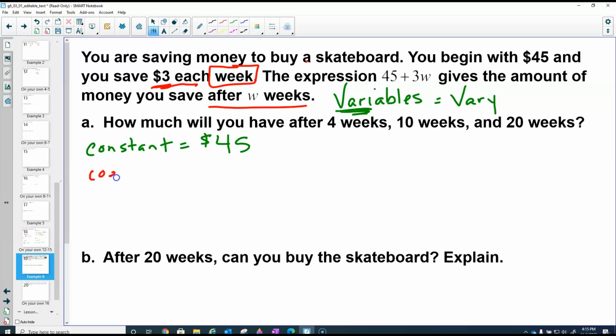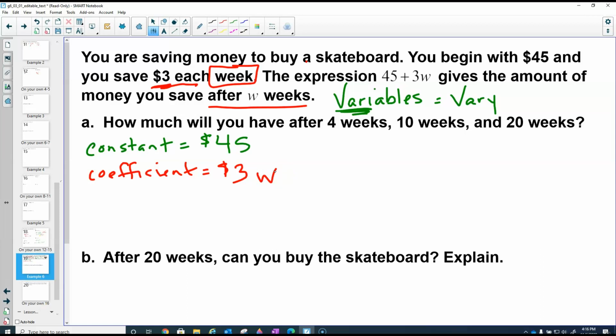So my coefficient, the thing that will be dependent on something else, which is something you'll need to know for later, is going to be that $3. And it's depending on that W for weeks.